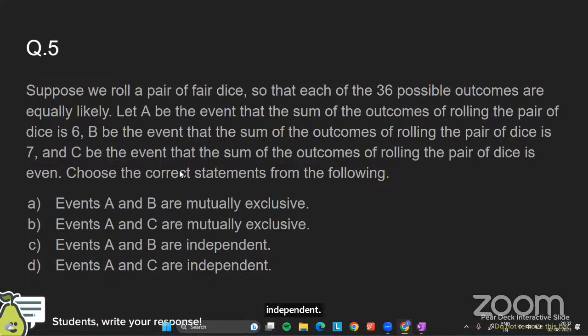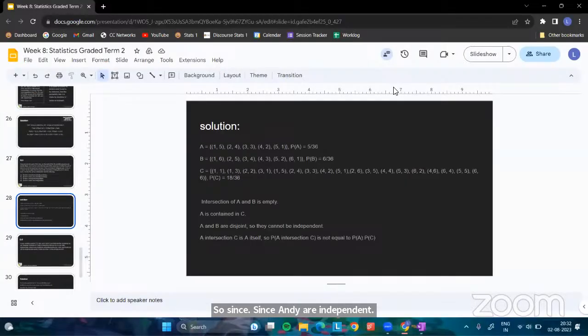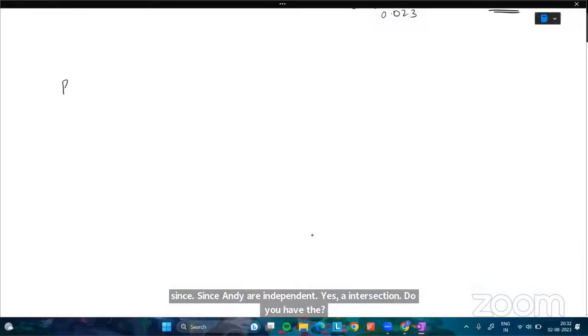So we have to see if A and B are independent. To check if two events are independent, this condition should be satisfied, right?